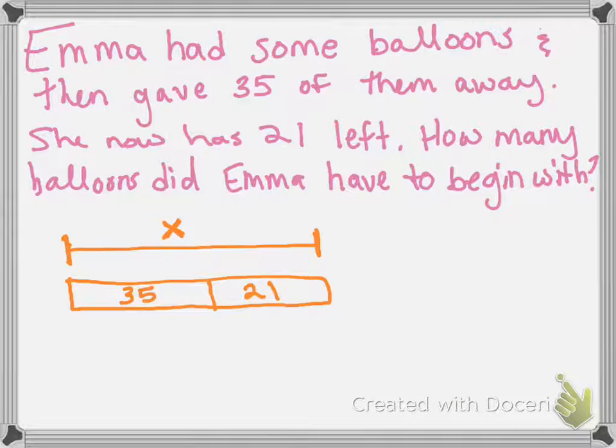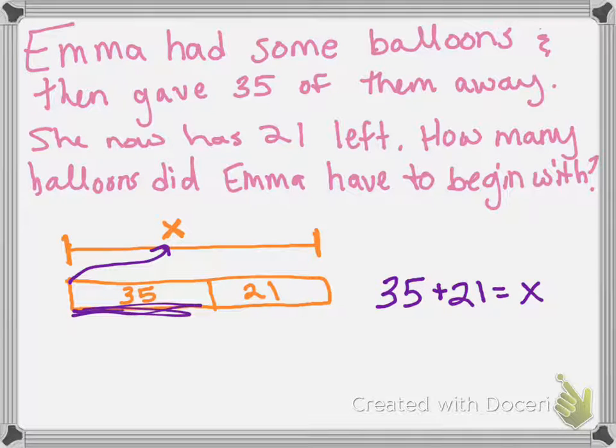Another way you could solve this problem or write a different type of equation would be, you're saying the total is still unknown. The picture would stay the same because 35 were given away. She has 21 left. So we know that has to equal the whole, right? But for our equation, we could write 35 plus 21 equals X, because it would be the exact same thing.